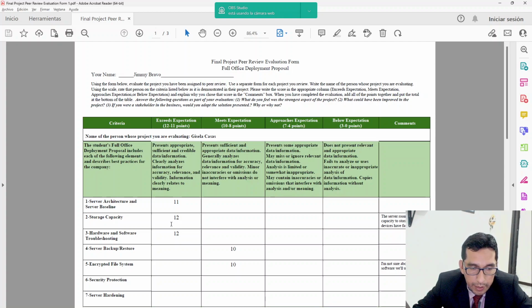The encryption file system is the same. I would like more information about it, what is the software, because I'm not sure about the software that we will use for this. And the security protection is very clear too.